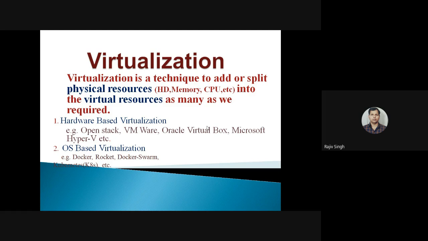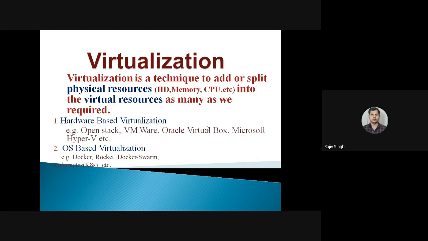You can install VMware in your system, and you can create multiple VMs on your system with the help of VMware. Oracle VirtualBox and Microsoft Hyper-V are examples of hardware virtualization. Hardware virtualization means your physical resources like CPU, memory, and hard disk will be virtualized into multiple virtual resources.